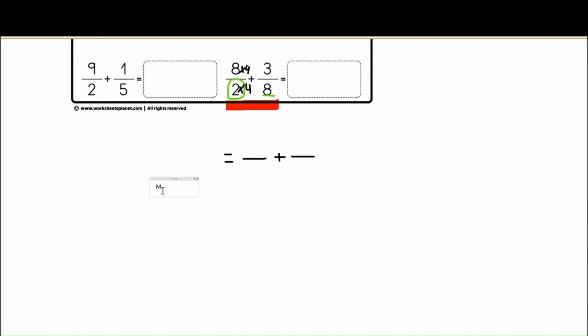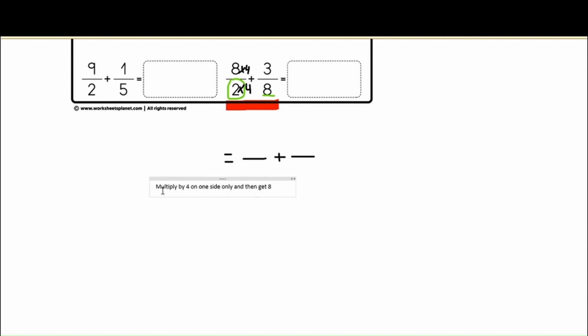Because we know 2 times 4 would be 8, right? So there's no need for us to go like 2 times 8 and 8 times 2. You just take the 2, we times it by 4, because when we multiply 2 by 4, we're going to get 8 as a denominator. I just write it down for you.